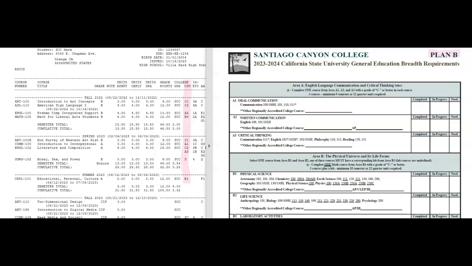Next, I want you to look at the class that you completed. So this person completed Art 100. On Plan B, there are the different areas, A1, A2, A3, and then the different column is completed, in progress, or need.